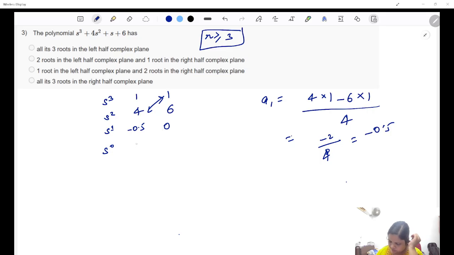It has to be 0 and it's going to be 6. The rule is you have to reach till the end by putting zeros where you don't get the values, because here we don't have anything, so here it came to be 0. So from here we are able to construct the Routh array, and by seeing this we can say that there are two sign changes, right?